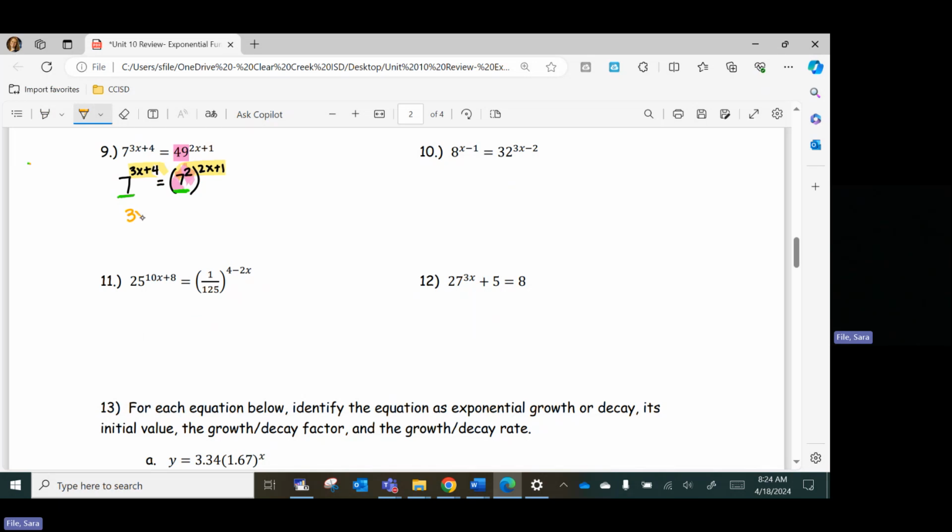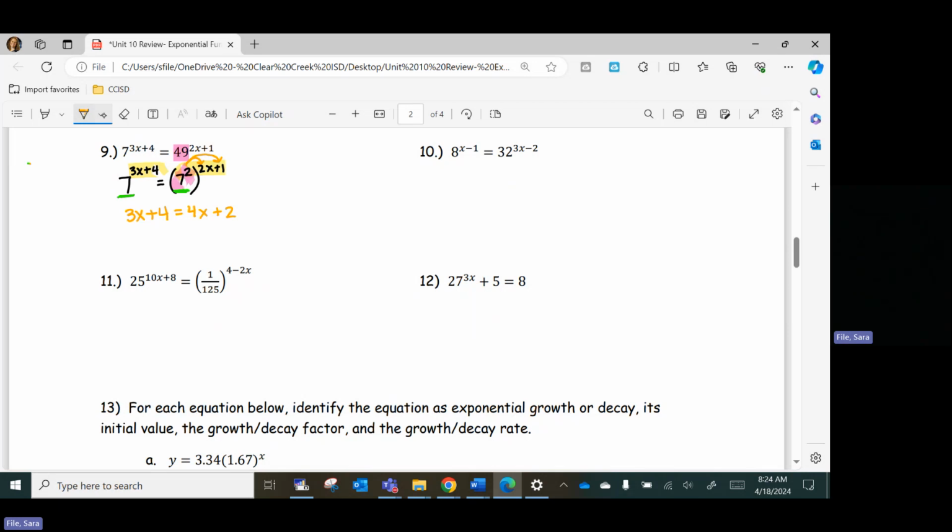So we can say 3x plus 4 must equal, and then that is being multiplied. So you can write that out here with parentheses, 2, and then in parentheses, 2x plus 1, or some of you will just do that distribution up here and say the 2 times 2x is 4x, and the 2 times 1 is 2. Now it becomes a basic algebra problem to solve.